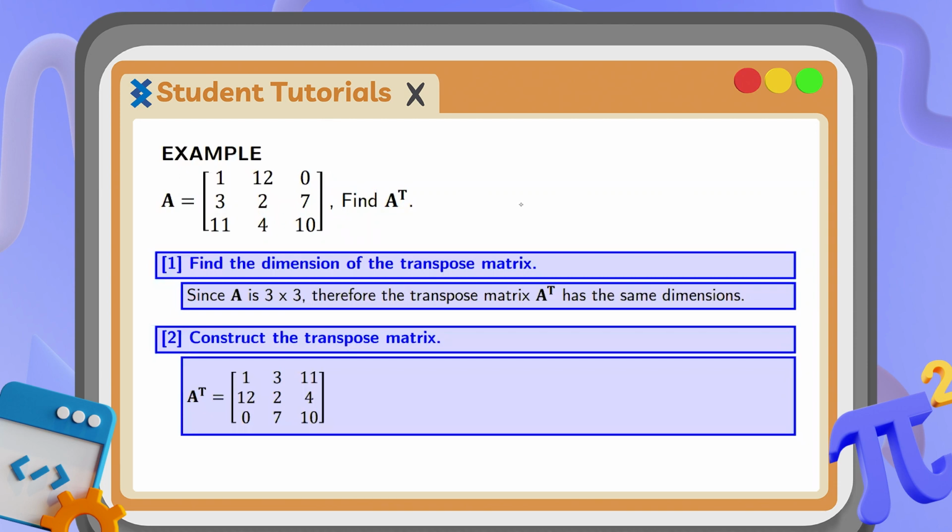And again, following the rule of transpose matrices, A sub ij, the original one, would swap the row and column as your new row and column for the transpose matrix. So 1, 2, and 10 stay put, as you can see over here. Then 3 and 12 swap places. 11 and 0 swap places. And 4 and 7 swap places.